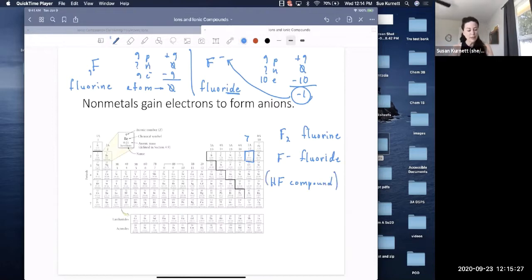Okay, so on the periodic table, we have a symbol. And then in reality, we have formulas. So the formula for fluorine, the element, is F2, and the formula for fluoride is F-.